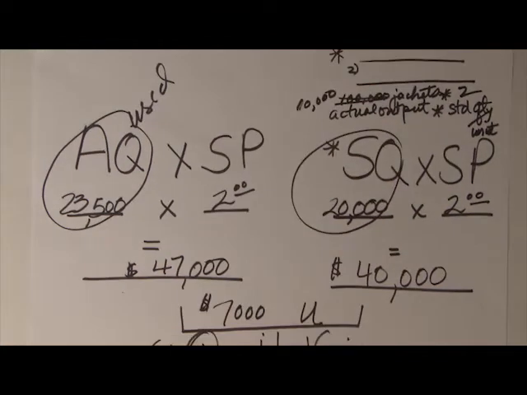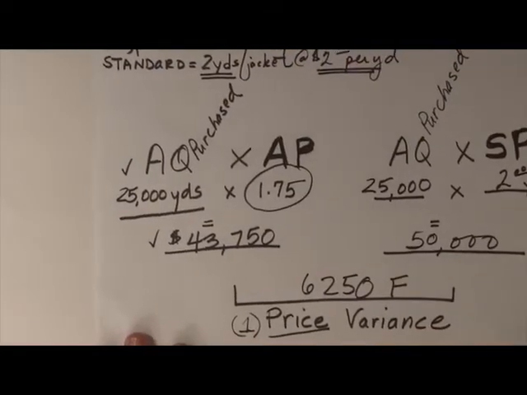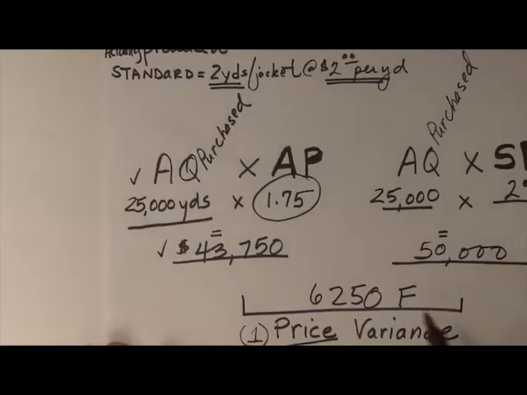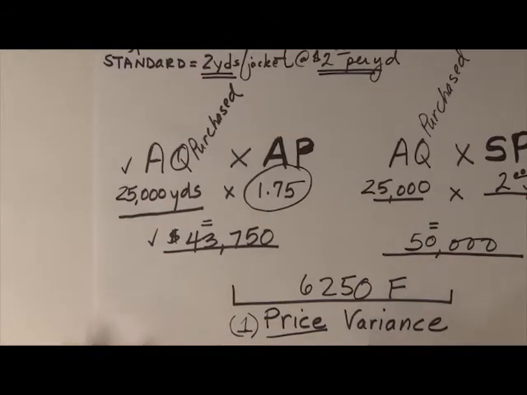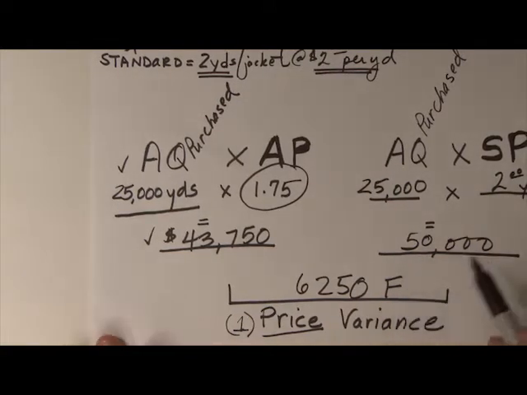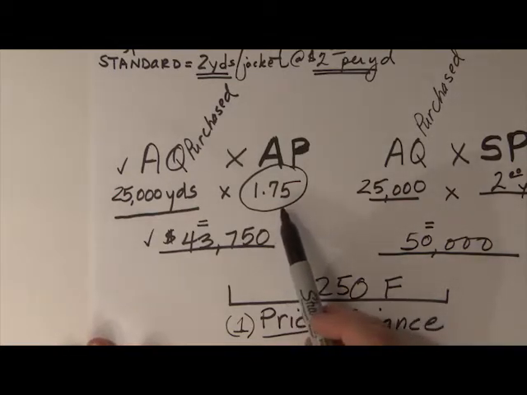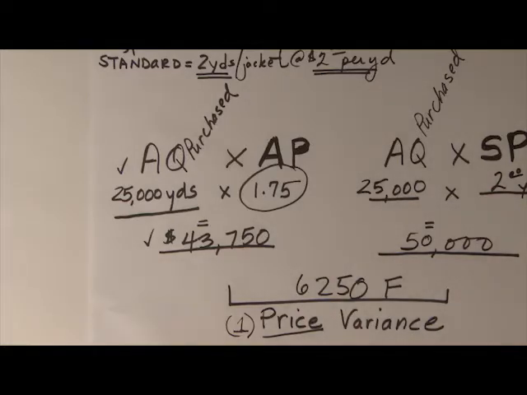Before we leave these first two questions on the "for practice," let's go back to each of these and give an example of what could have happened here. We had a favorable price variance. Of course, the actual price was lower than the standard, and maybe we bought a large volume and got a quantity or a volume discount that may have allowed us to buy it for a cheaper price.